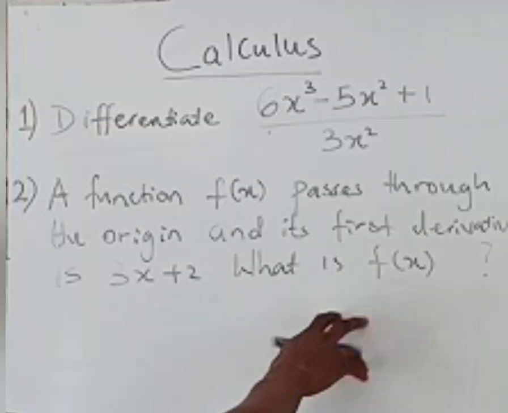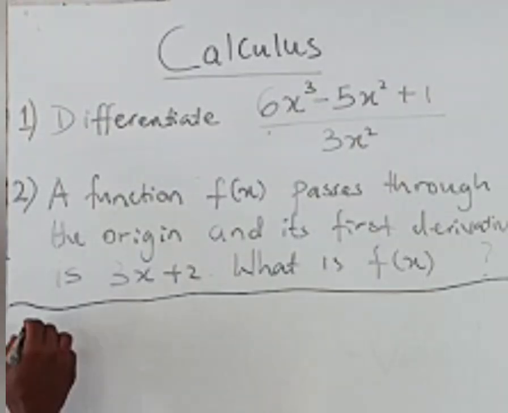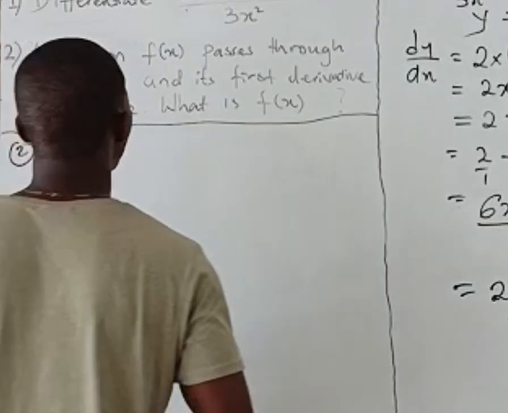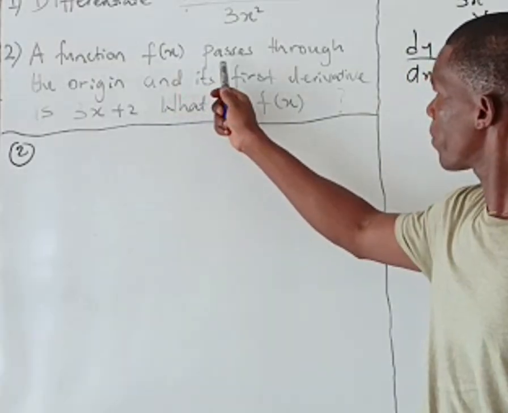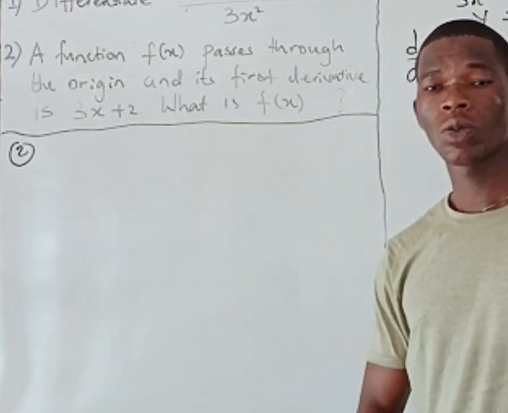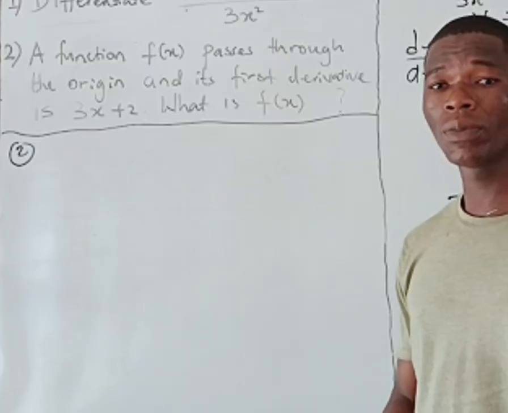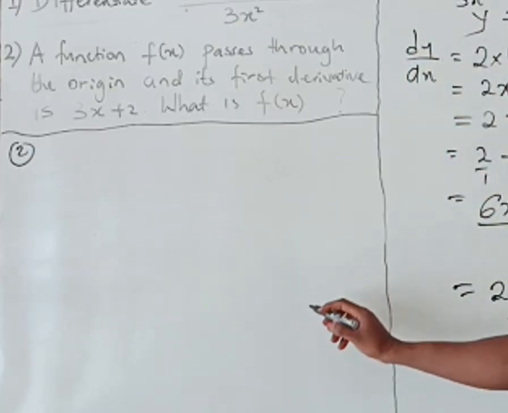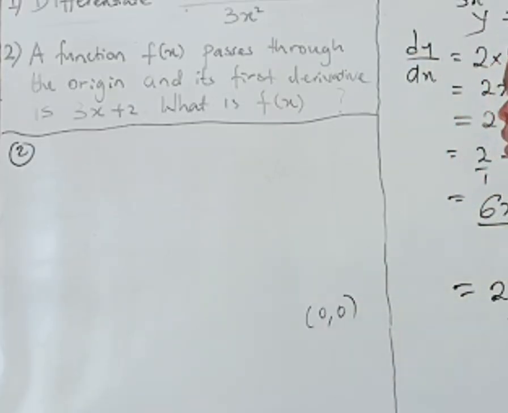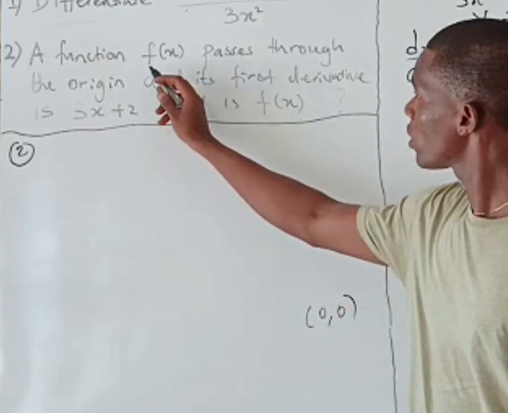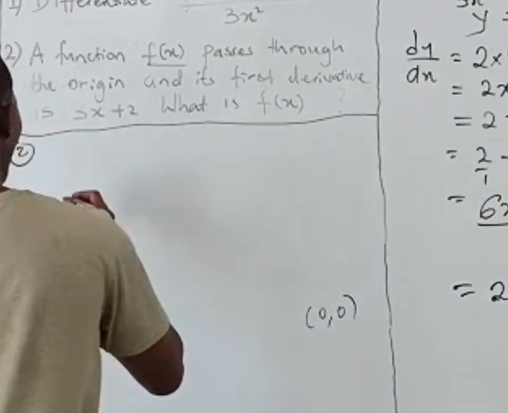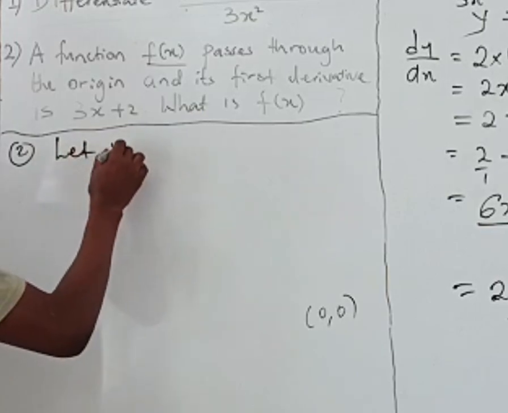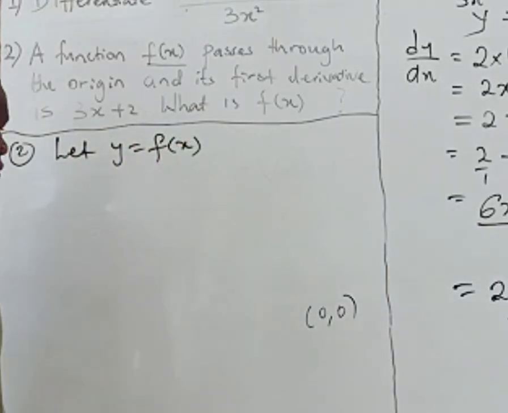And let's move on to the second question, right? So that is question 2. For the second question, a function f of x passes through the origin. The origin simply means 0 comma 0, right? But before that, we have this function is f of x. So let's write that y equals f of x, right?